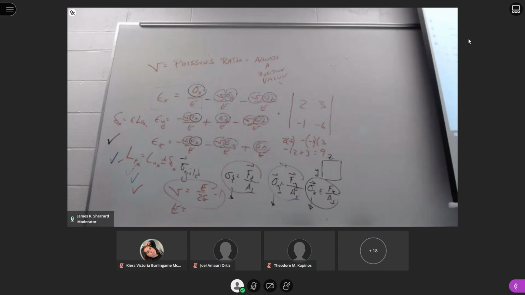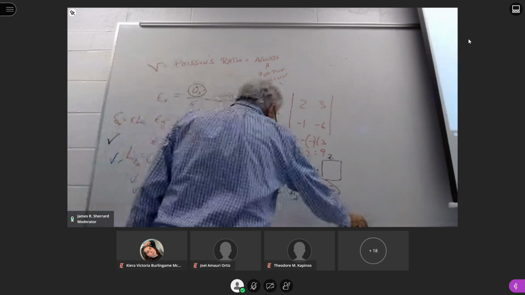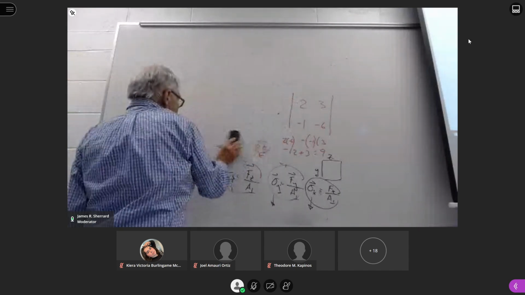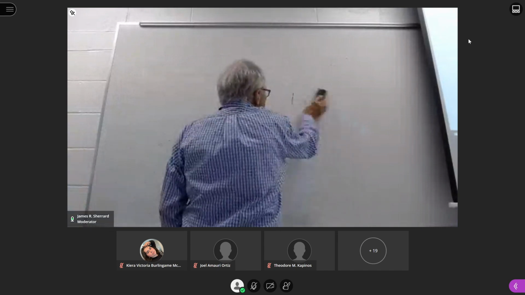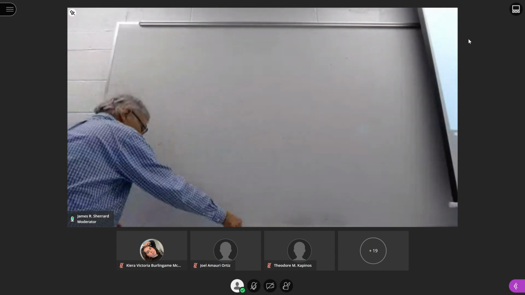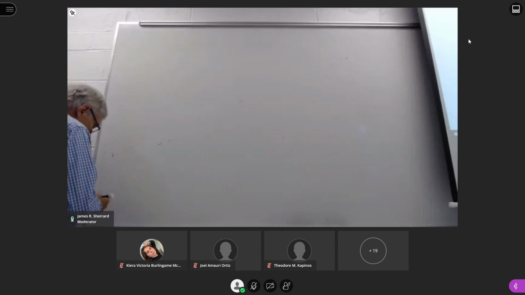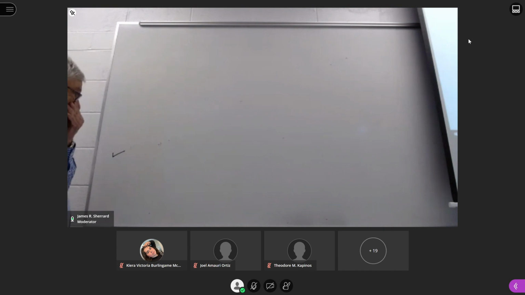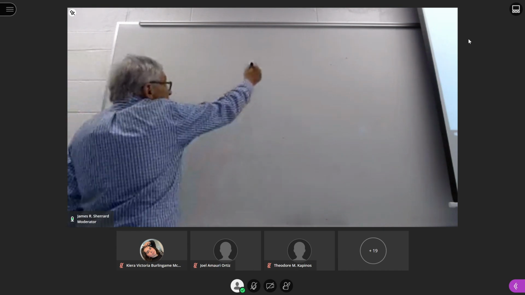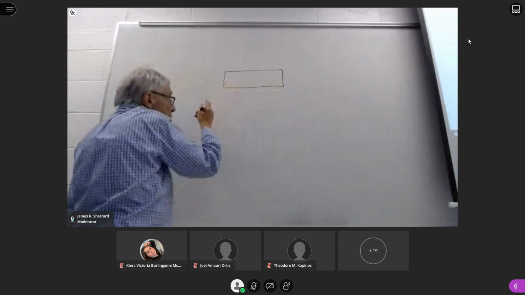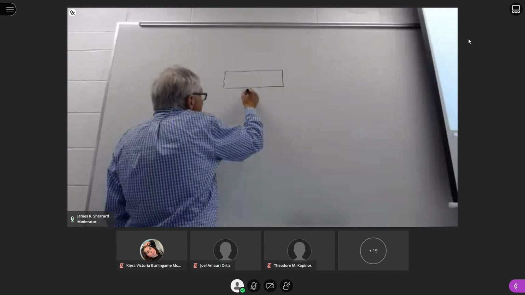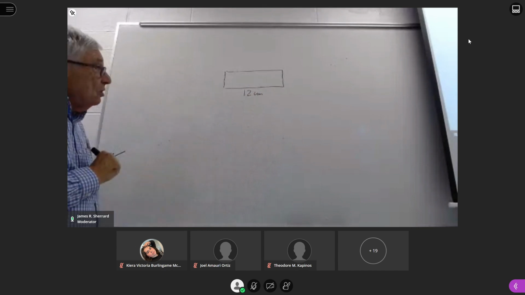Okay, let's say we have a bar that is 12 centimeters long.